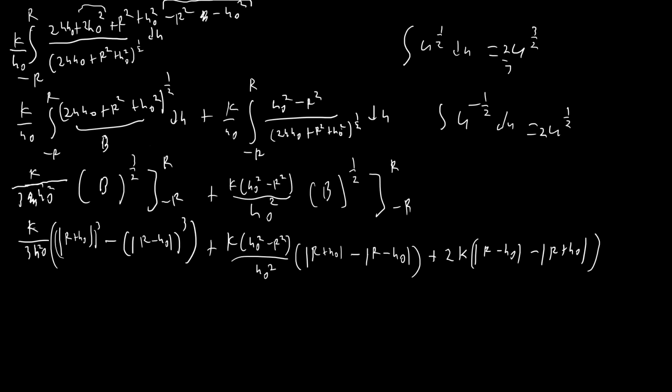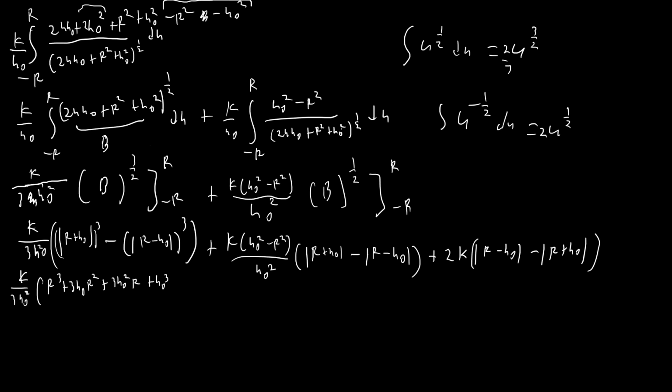Now, when the object is outside of the Earth, first off, r plus h0 is going to be positive because h0 will be greater than r. And similarly, r minus h0, h0 will be greater than r, so it'll just end up being h0 minus r, right? So we're going to end up with k over 3 h0 squared, times r cubed plus 3 h0 r squared plus 3 h0 squared r plus h0 cubed.